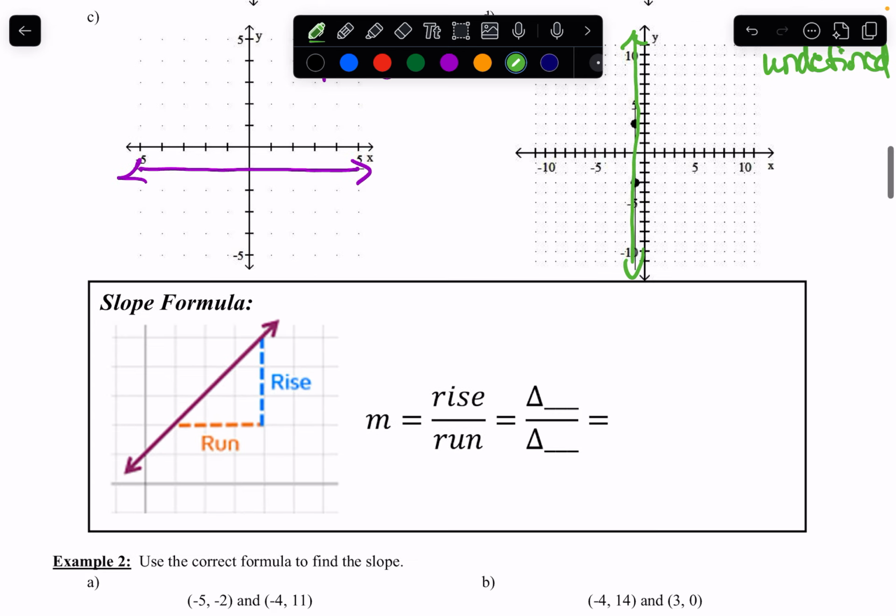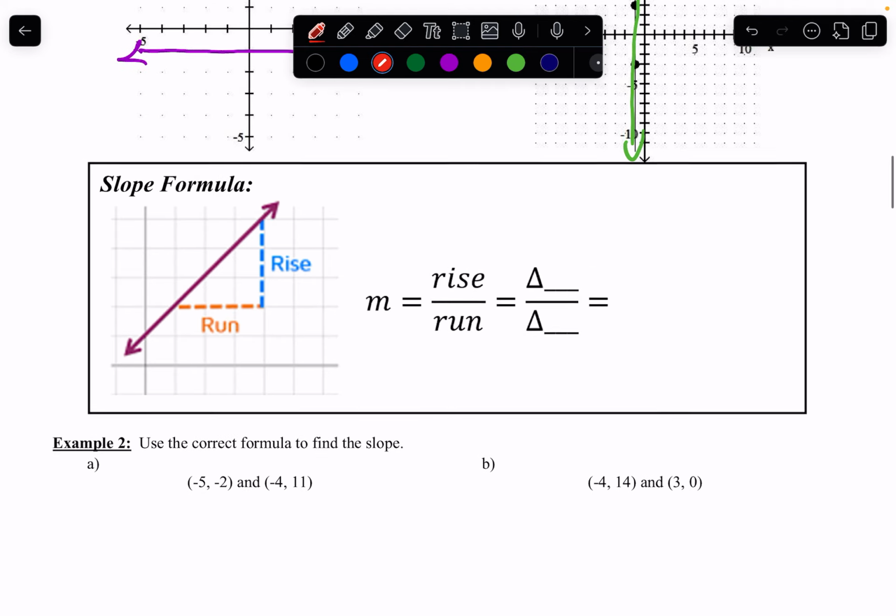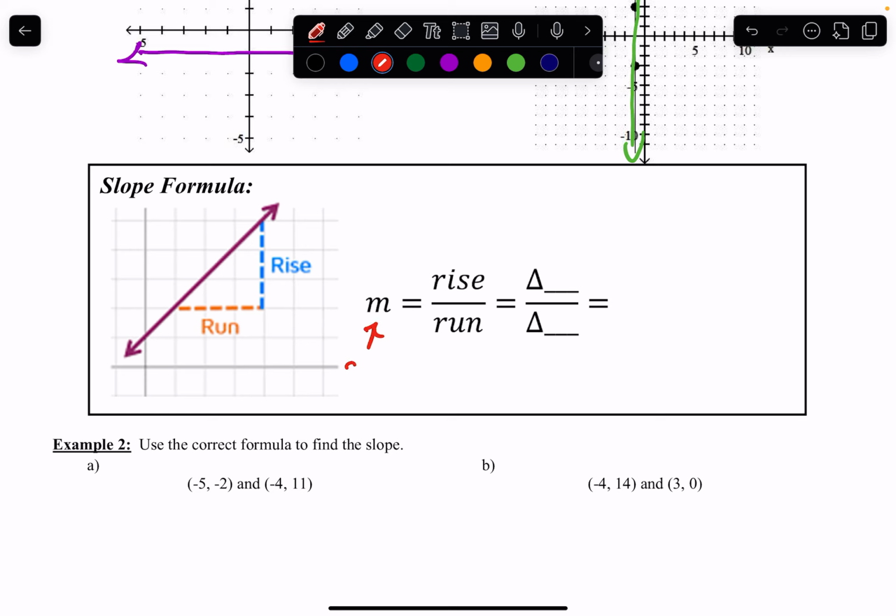Now we're going to look at the formula. Again, the m here is the slope. It is rise over run. It is the change in y over change in x. This triangle here, delta, means change in.